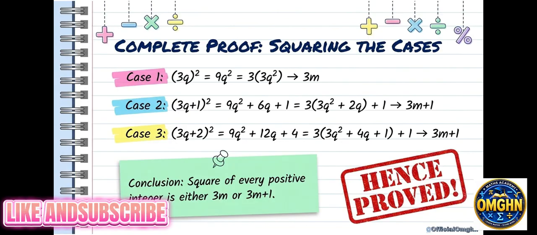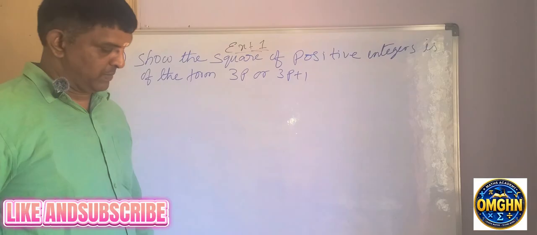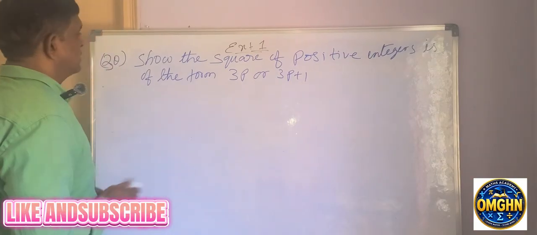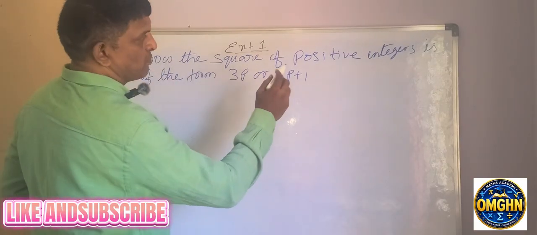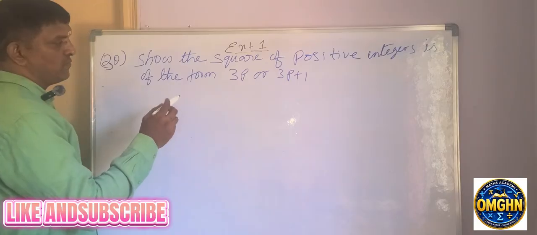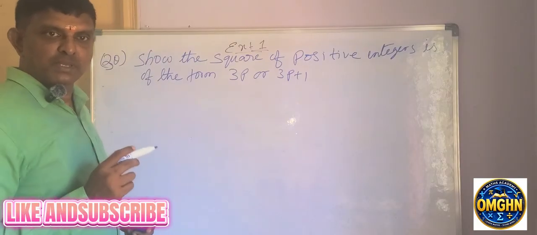Now next question. That is third question. Show the square of positive integers is in the form of 3p or 3p plus 1.